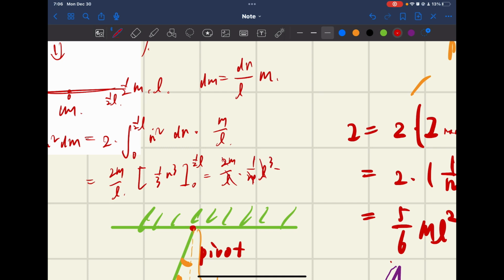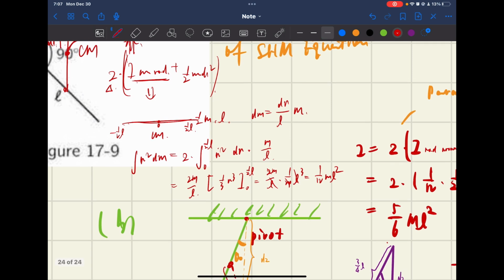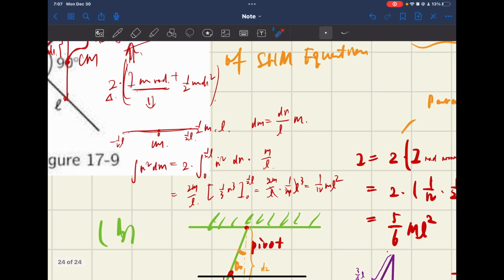So this is how we just use the definition of the moment of inertia, and we can directly derive the expression for the I_CM rod term over here.